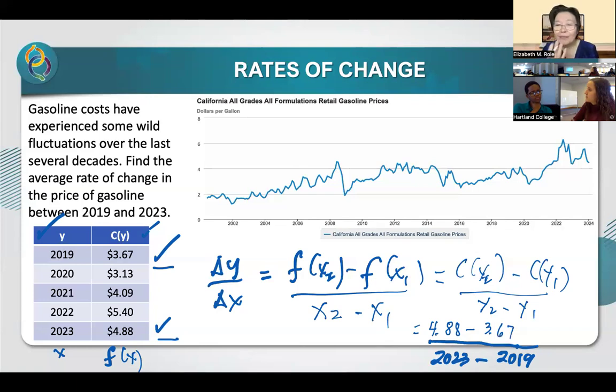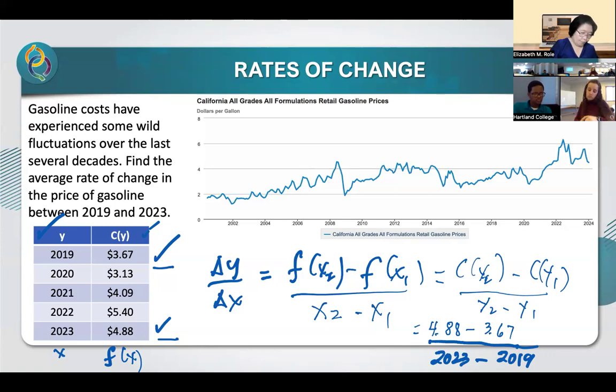So yeah, it's important that we have the calculator here. So 4.88 minus 3.67 is how much? Where's my calculator? Yeah, with calculator, you just use calculator. All right, so 4.88 minus 3.67 equals, divide that by, of course, 2023 minus 2019.